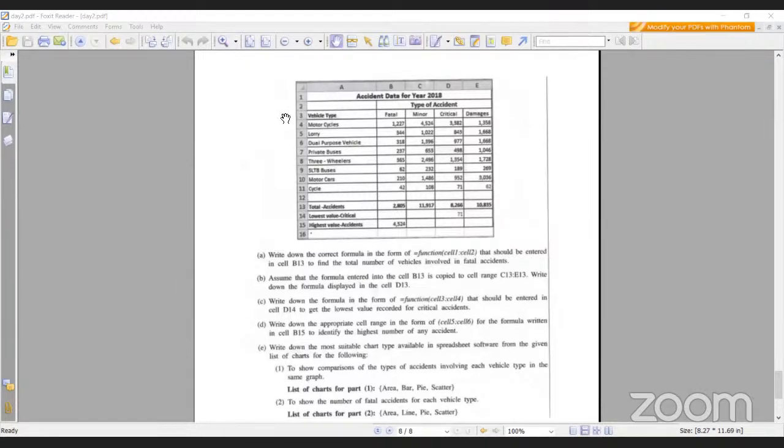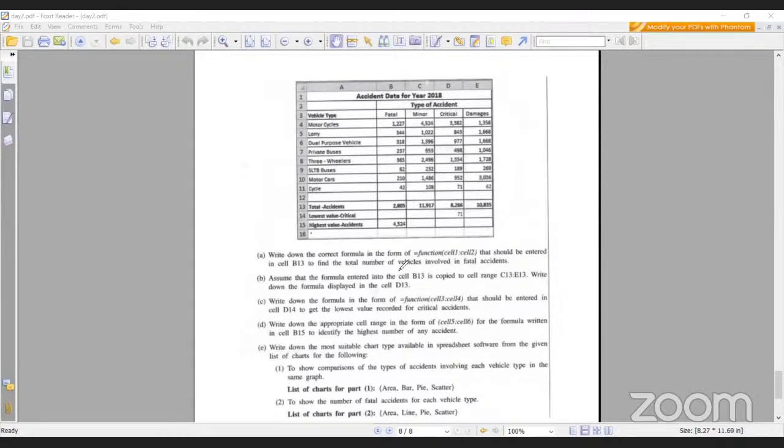Okay, we'll go through quickly because it's almost 10:30. Write down the correct formula in the form of a function. You have to give the function. That should be entered in cell B13 to find out the total number of vehicles involved in fatal accidents.